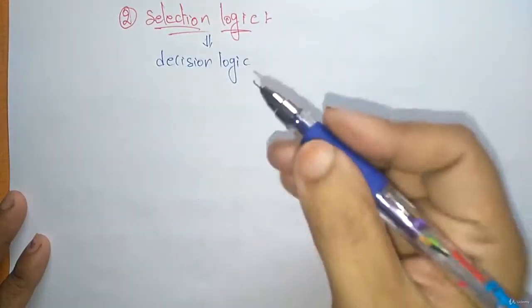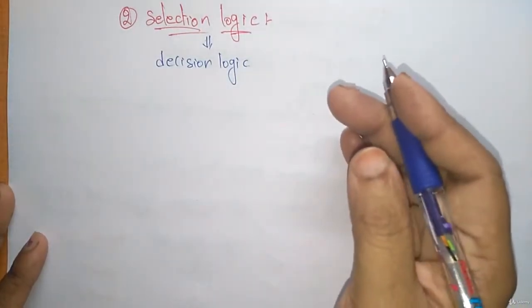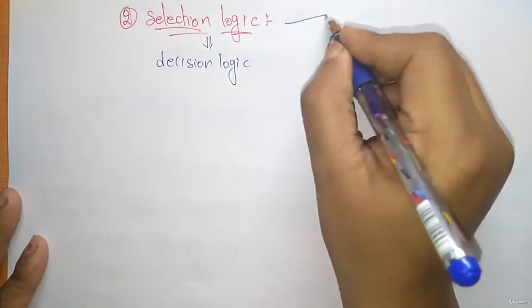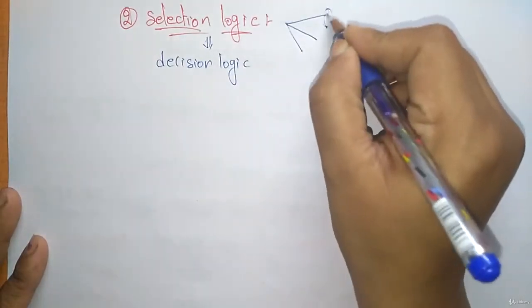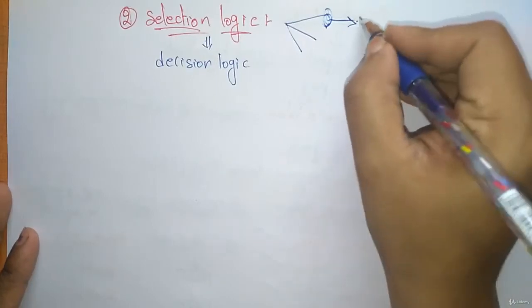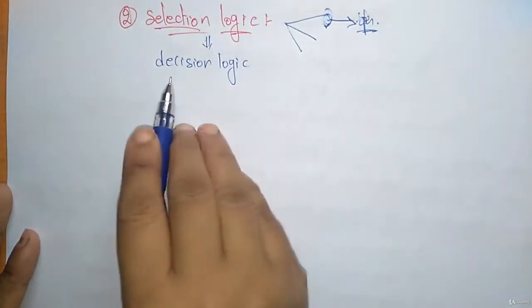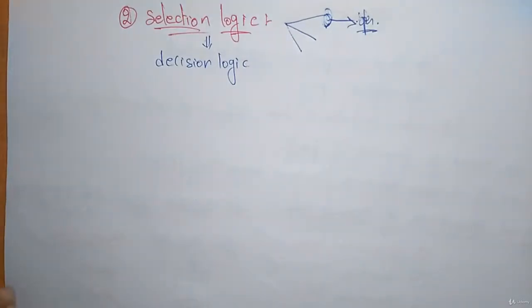What it does is decide the proper path from one or more alternative paths in the program. Suppose you have many paths, it decides one proper path and sends it to the output, to perform the program. Selection is nothing but taking the decision.